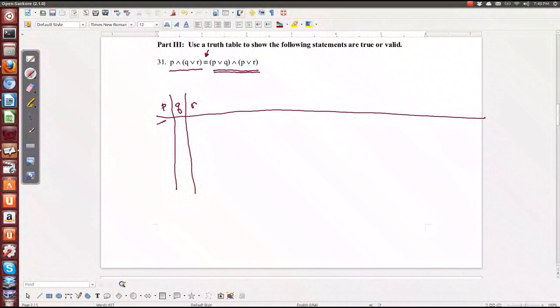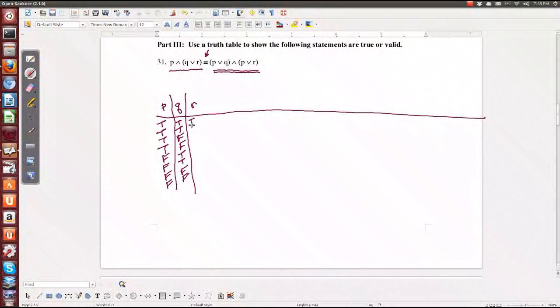So I have true, true, true, true, false, false, false, false. For my first column, true, true, false, false, true, true, false, false.